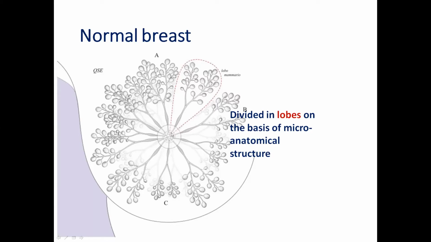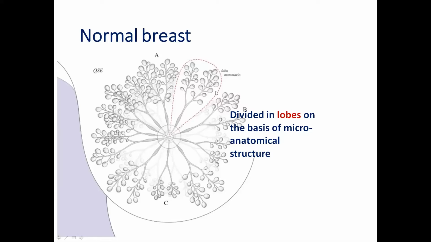What does it mean? It means that, as you see in this drawing, each lobe is independent. We can start like a journey. Imagine being a very, very little entity entering into the galactophorus opening and going inside.